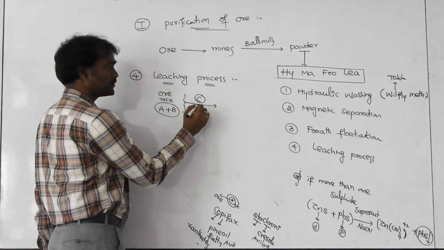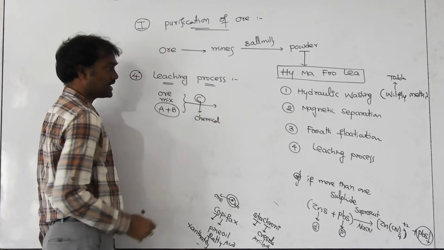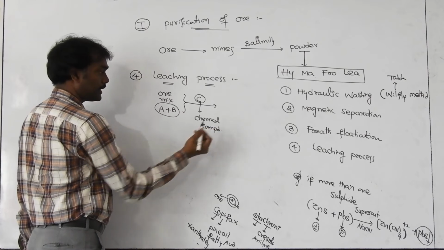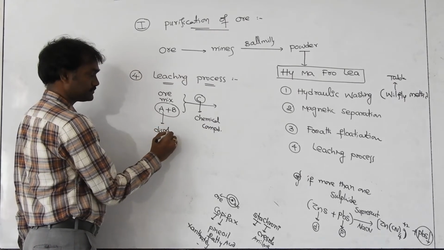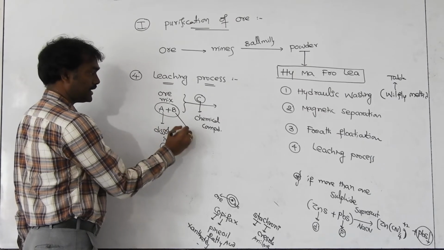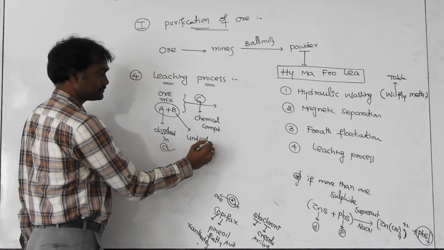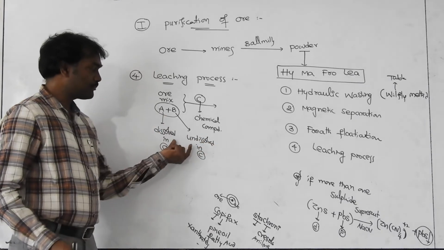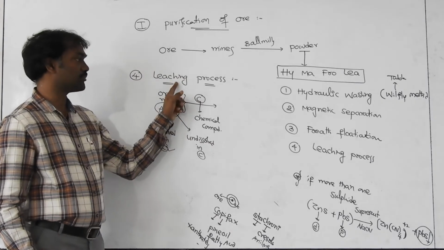Suppose we take a chemical C. A dissolved in C and B undissolved in C. Such types of impure ores are only used in the leaching process.